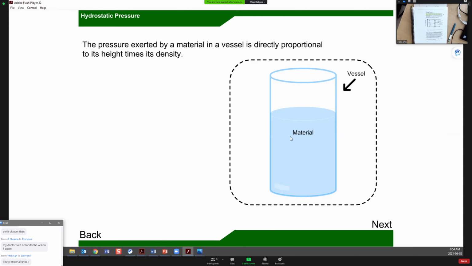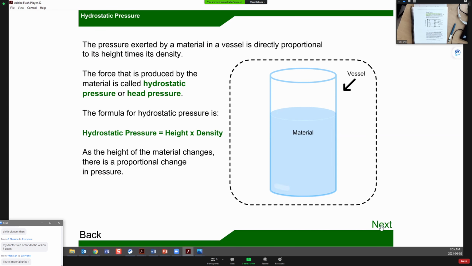You have a container, you have a certain type of liquid in there. The force produced is called hydrostatic pressure. The general form relates to the height and the density. Those are the two important facts you have to consider.